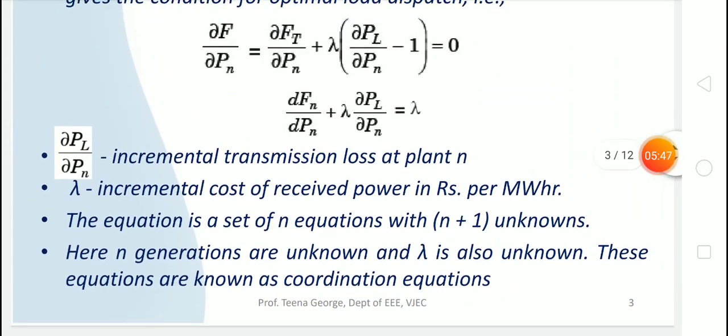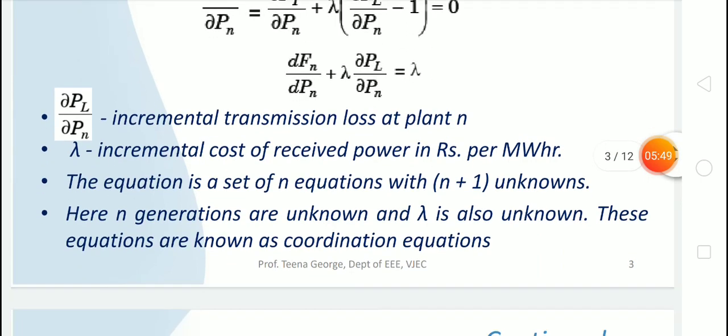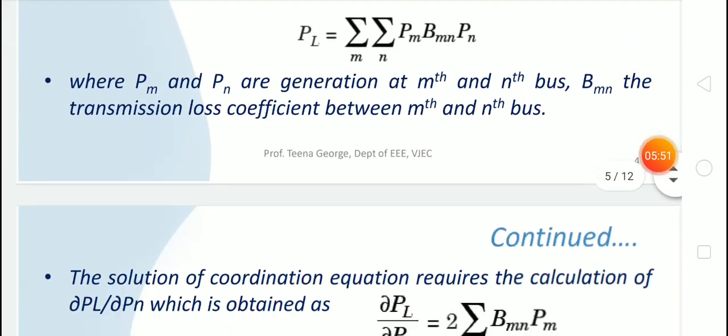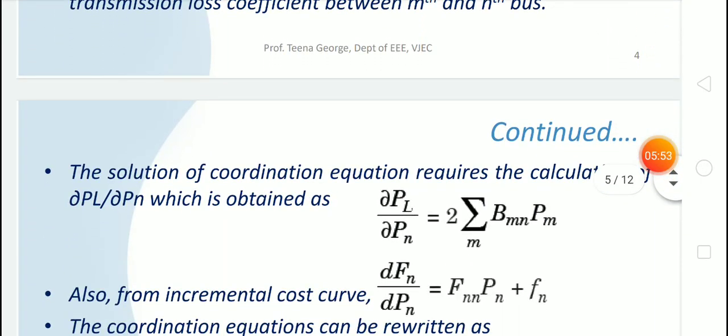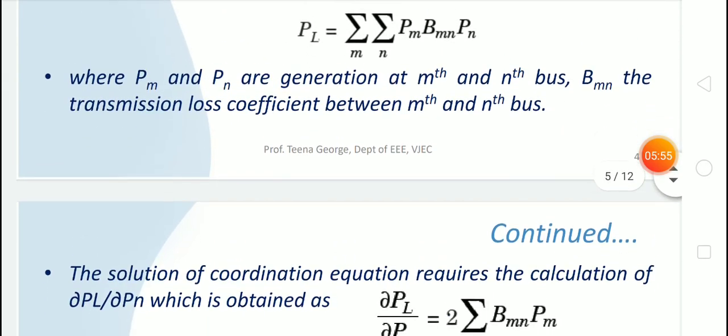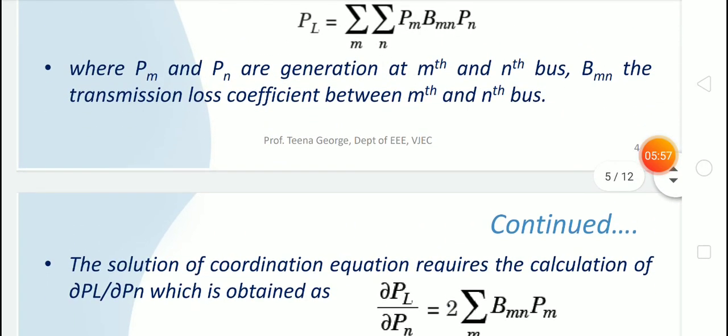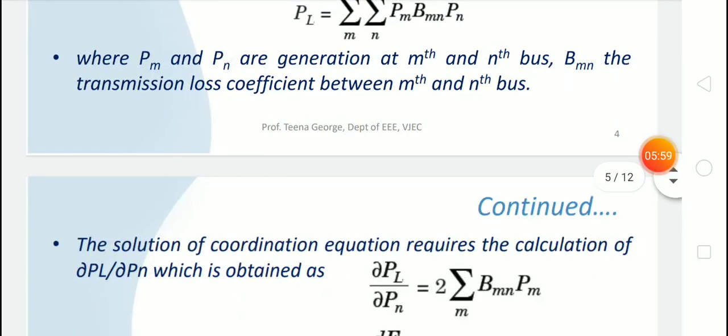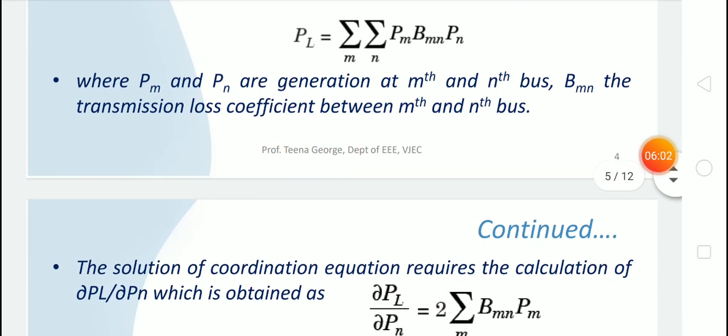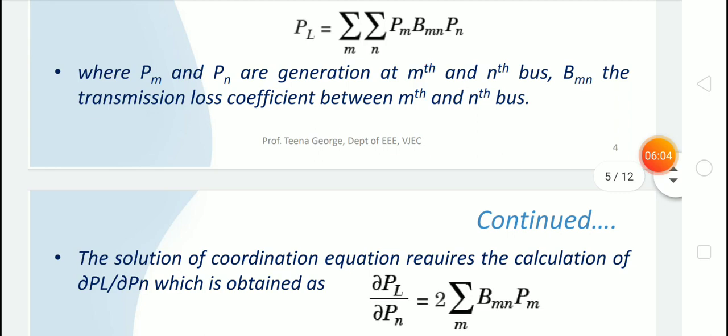For solving the equation, we require dou PL by dou Pn. We can find it by differentiating this equation, which gives 2 sigma Bmn Pn. When substituting these values, consider a 2-bus system.